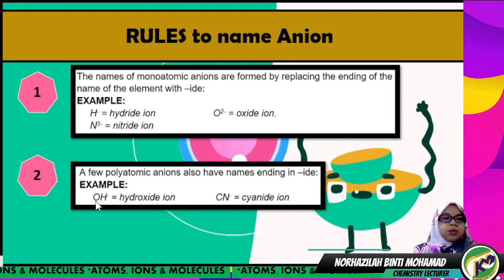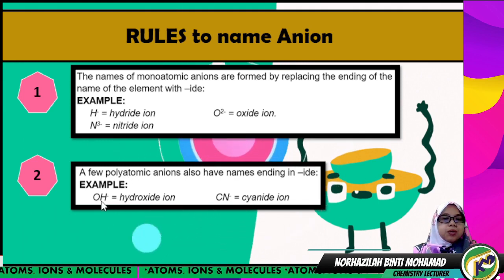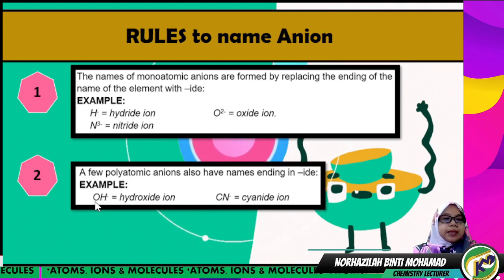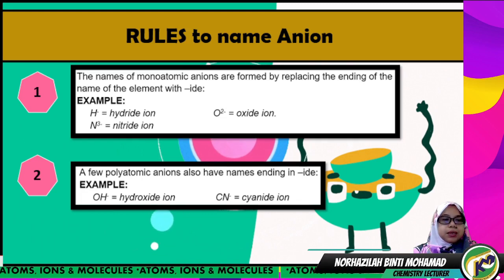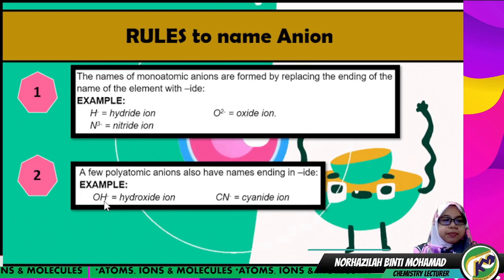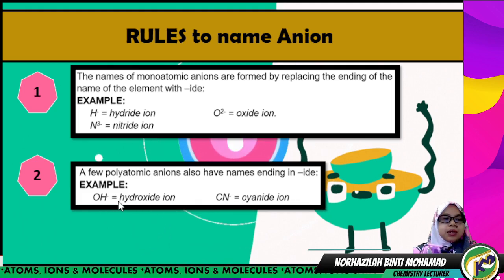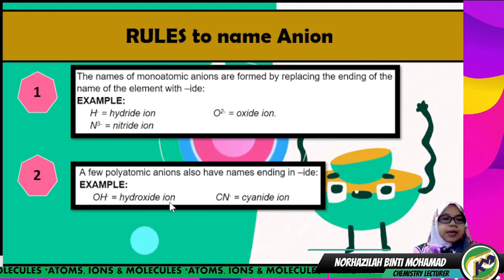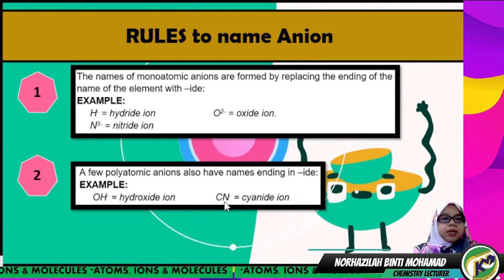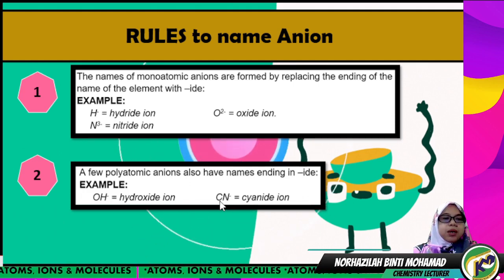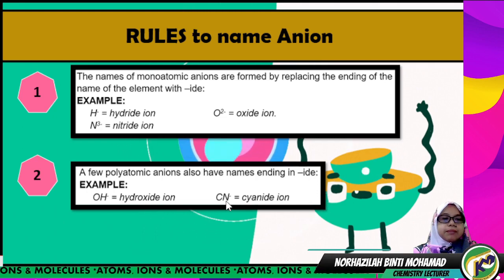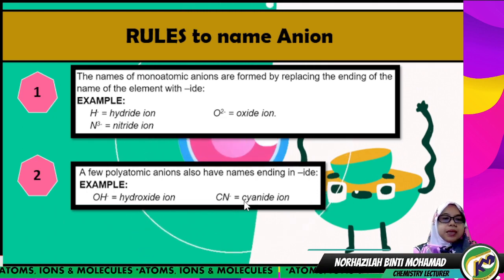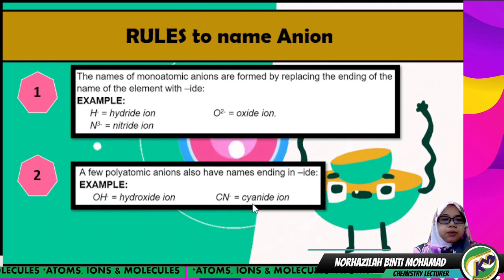For example, OH: one is an oxygen atom, the other is a hydrogen atom. So this is OH minus, and the name is hydroxide ion. And this one is CN minus. One is a carbon atom, the other is a nitrogen atom. So CN minus, the name is cyanide ion.